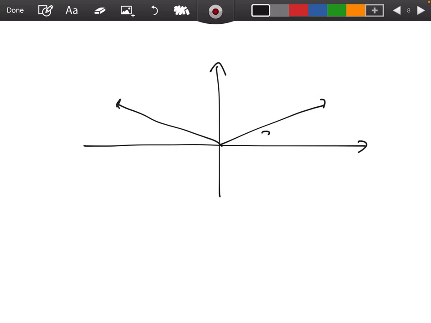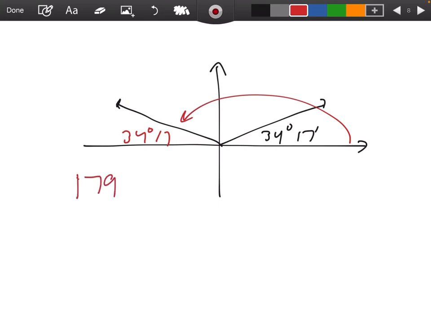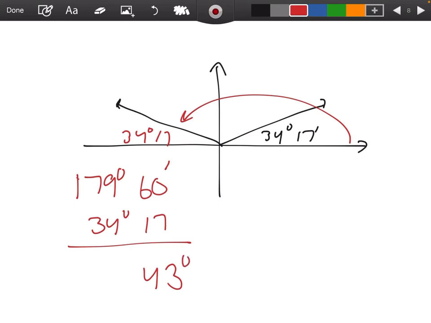So the other angle here would be 179 degrees and 60 minutes minus 34 degrees and 17 minutes, which gives me 145 degrees, 43 minutes.